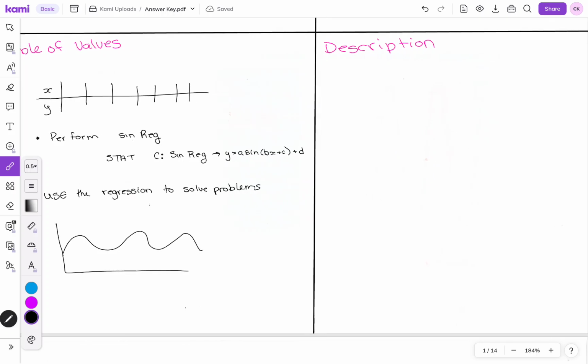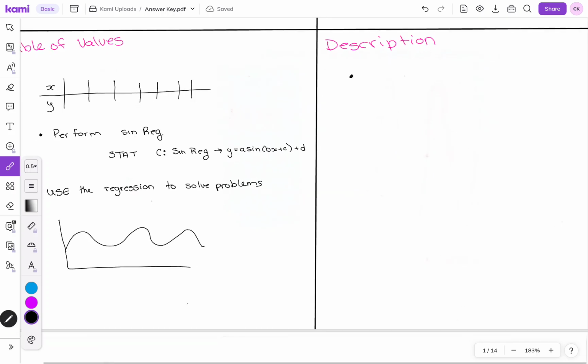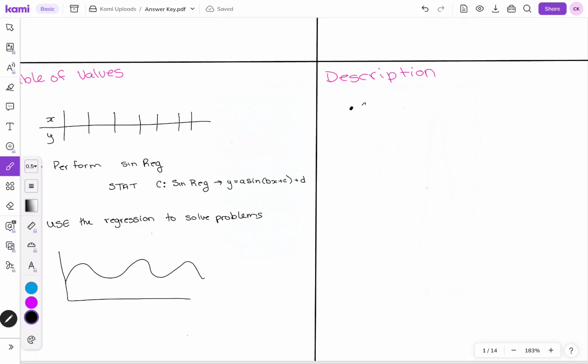And again, description, well, you might have to generate a table of values. I made you do that in one of your homeworks, actually 2 of your homeworks. Then you can use that table of values to make a regression, and then you can use the regression to solve the problems.